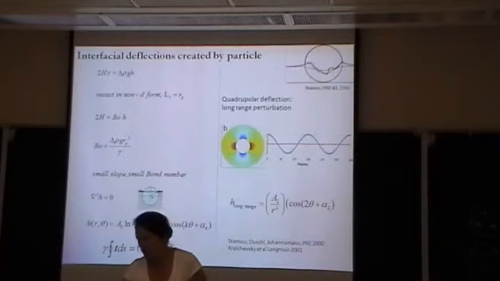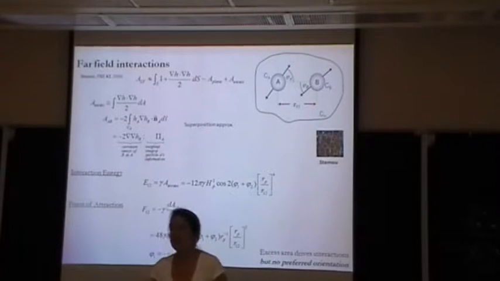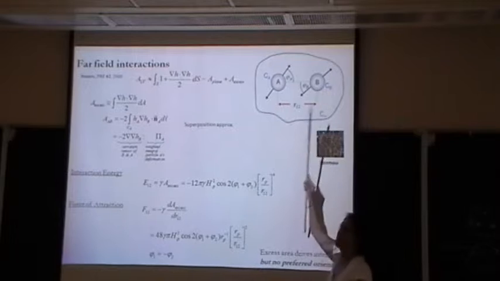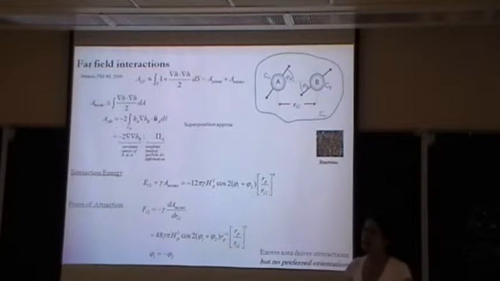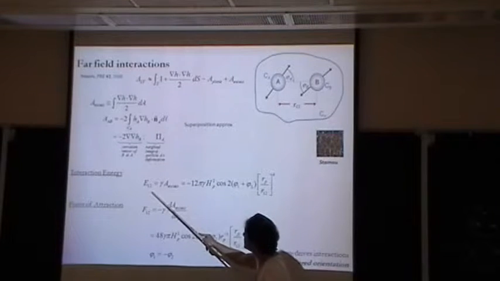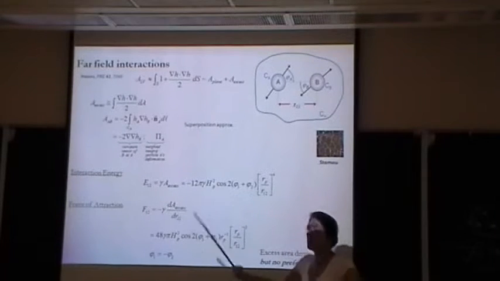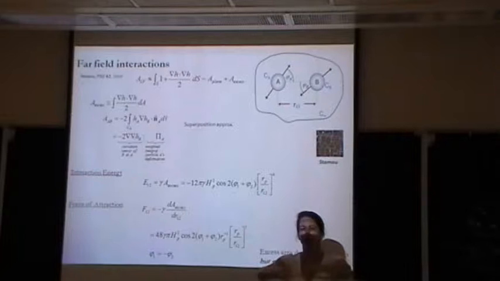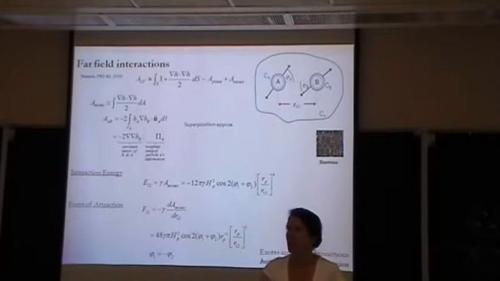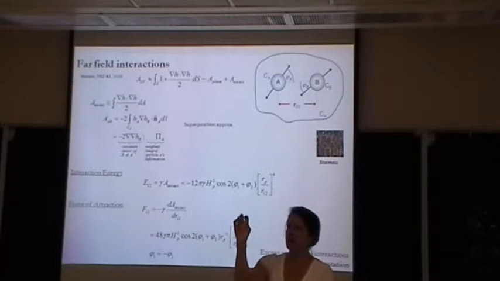So Stebe then went further. He said, let me calculate the excess area in the interface between two capillary quadrupoles. And he did that exercise, and he saw something very nice. He saw that it had an energy, and that energy was going to decrease as the particles approached. He also saw something about orientation. Let's suppose I call this the axis on which we're going to have capillary rise.